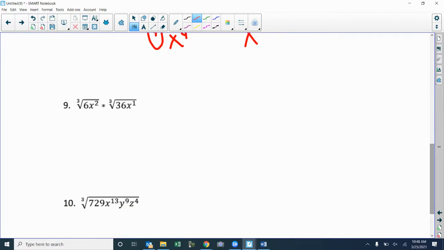All right, number 9. Now we have them beside each other like this with a multiplication, we can go ahead and multiply them. But we're just going to turn around and refactor it again, so I'm just going to write it as the cube root. It's 6 times 36, happens to be 6 times 6, doesn't it? Add my exponents, and now all of a sudden, it looks much easier, doesn't it?